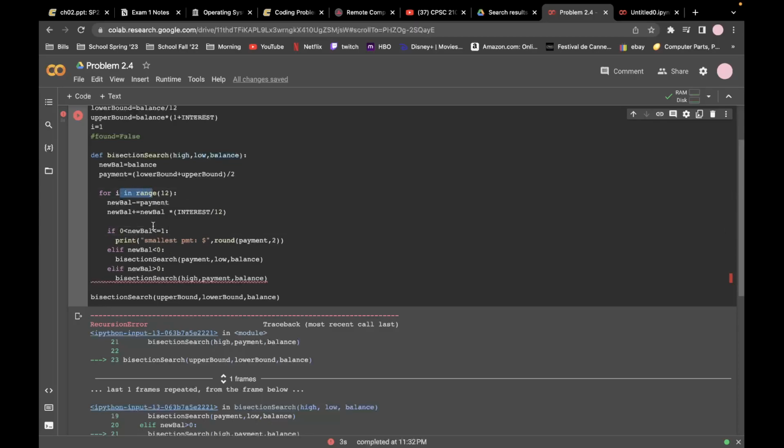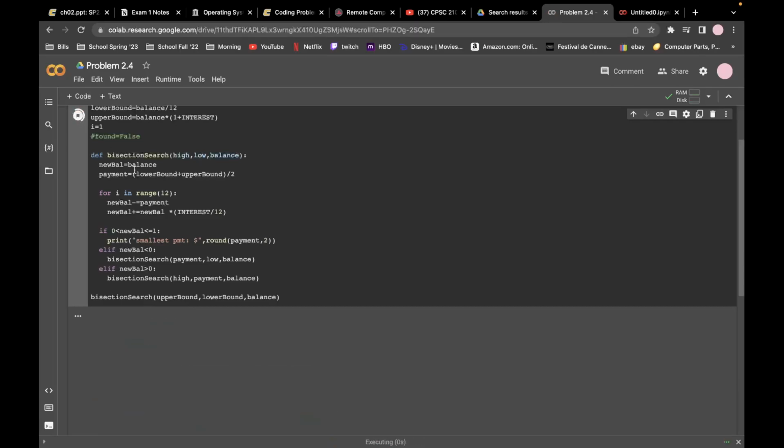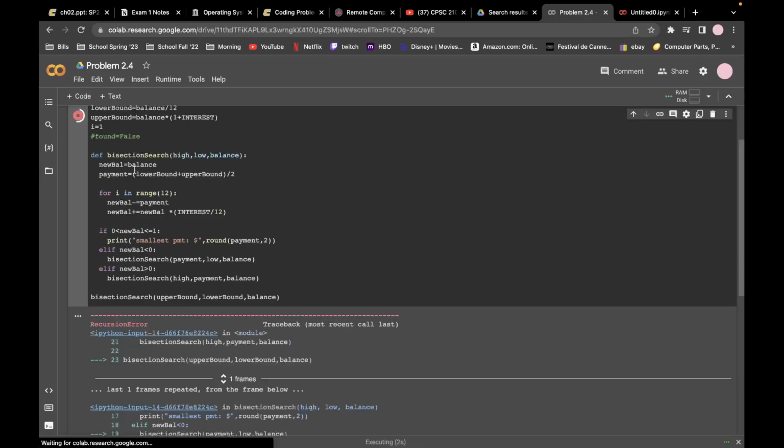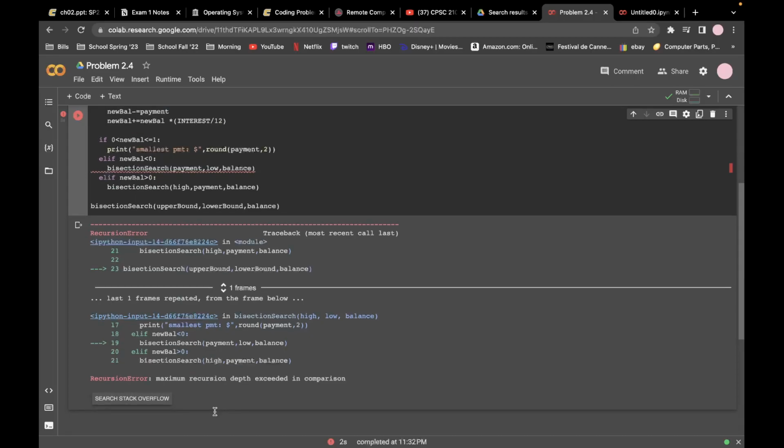For I in range, maybe is it an indentation error thing going on? What does this mean? Maximum recursion depth exceeded in comparison. It's saying bisection search payment low.